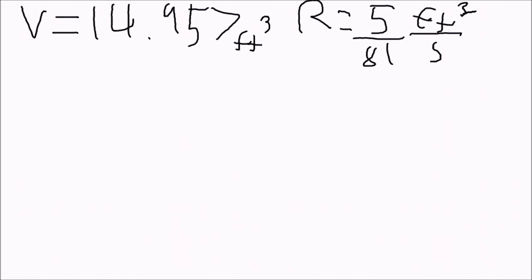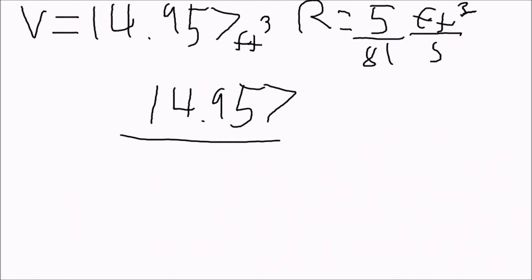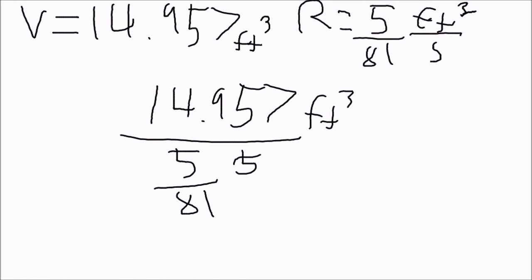So, to find our time is really simple. All we need to do is just do 14.957 divided by 5 over 81. Feet cubed over seconds. Feet cancel out.